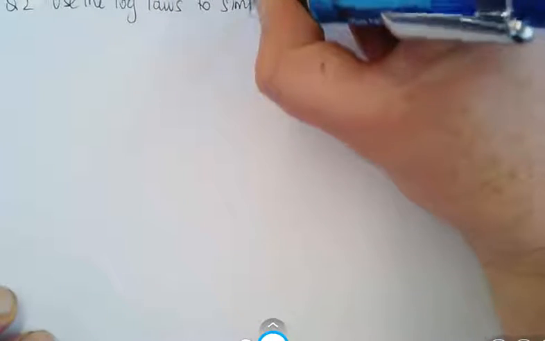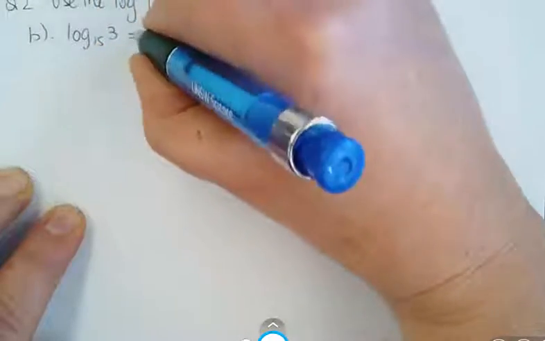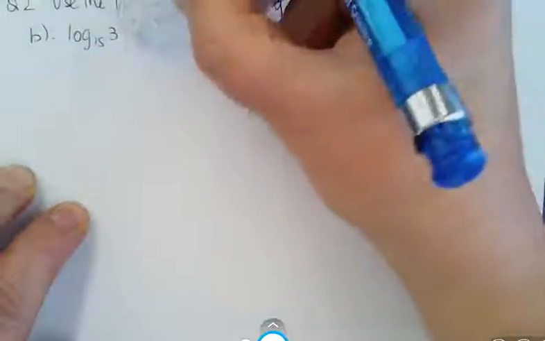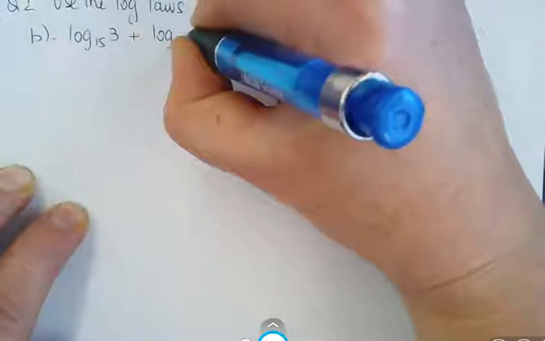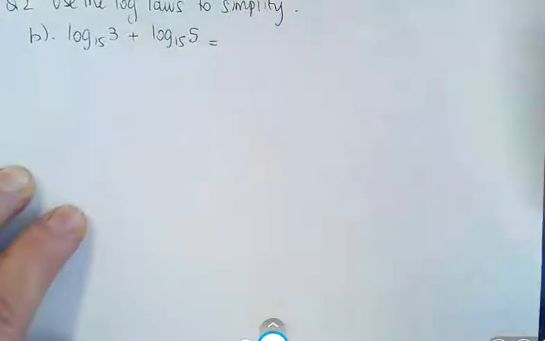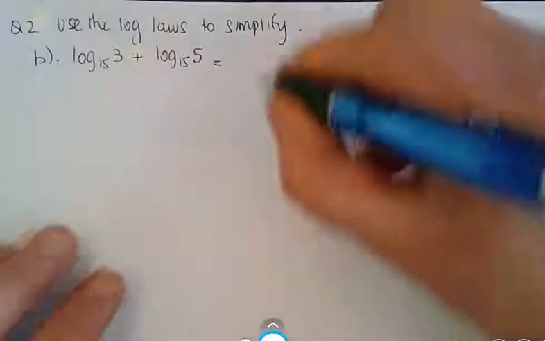Now we're going to practice those. Here we go. This is question 2b. Log to the base 15 of 3, plus log to the base 15 of 5 equals. Now, anyone?